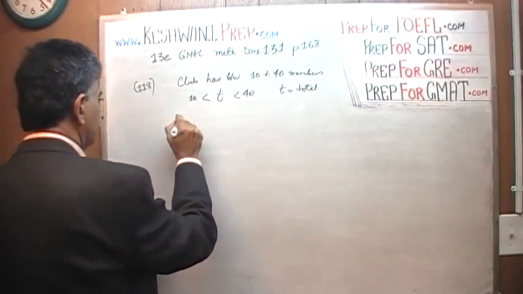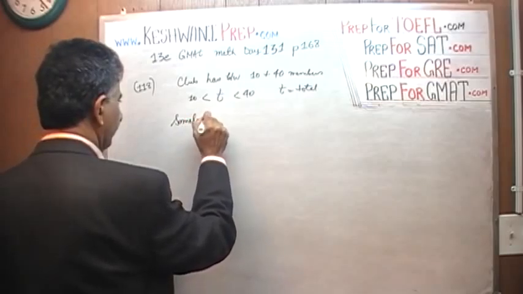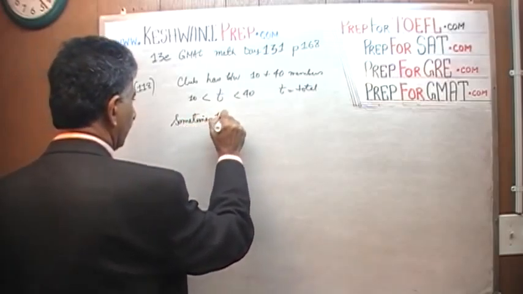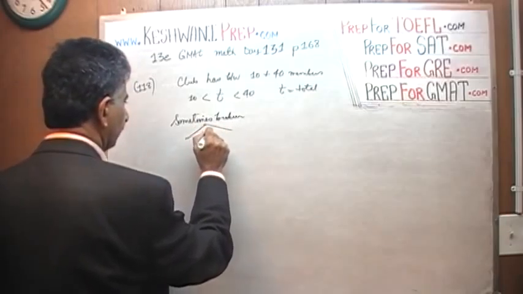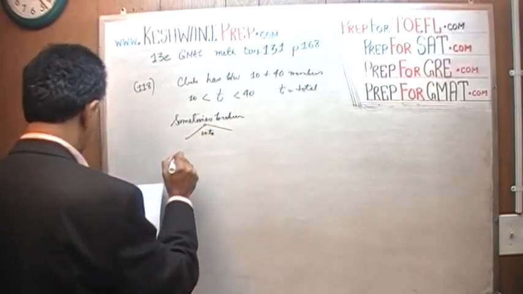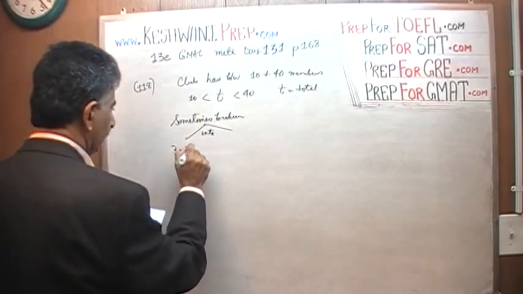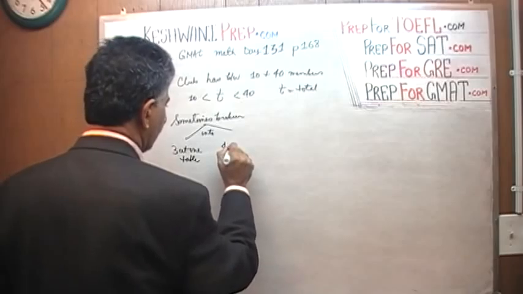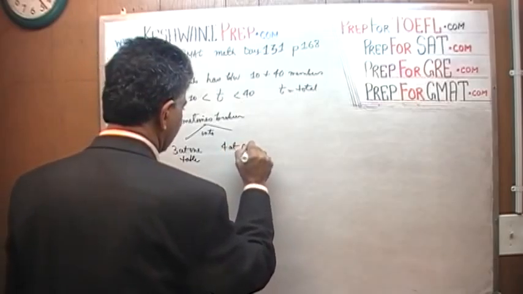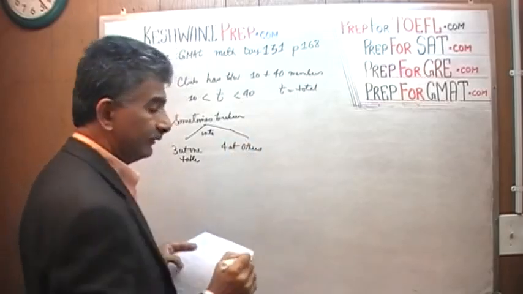Sometimes we are told that they are broken into 3 people at one table and 4 at others. That's how they sit.